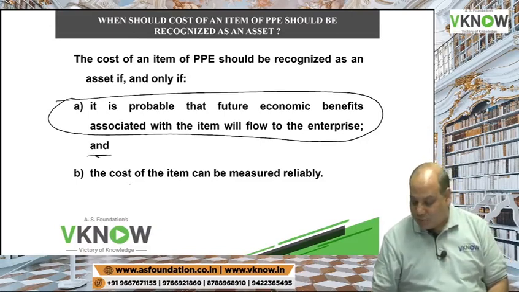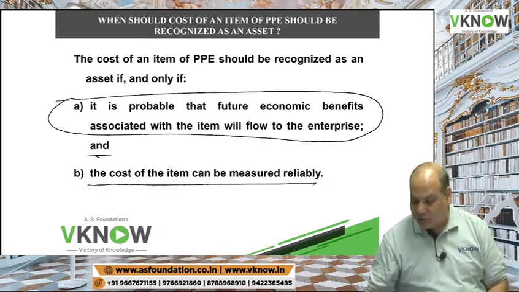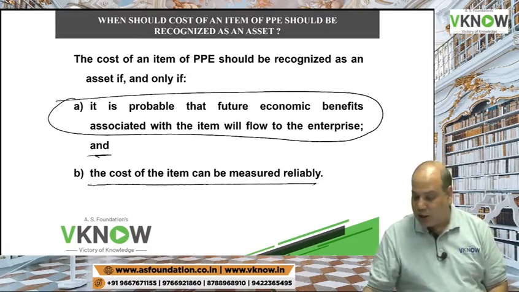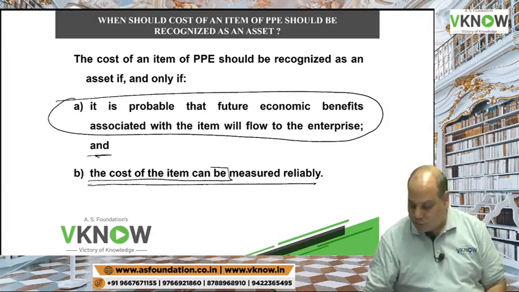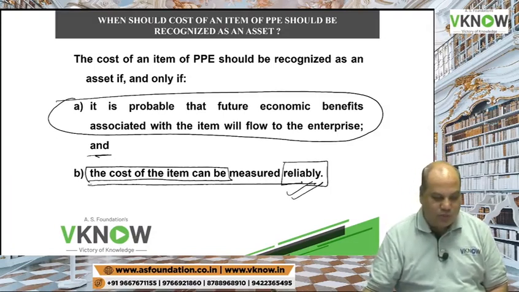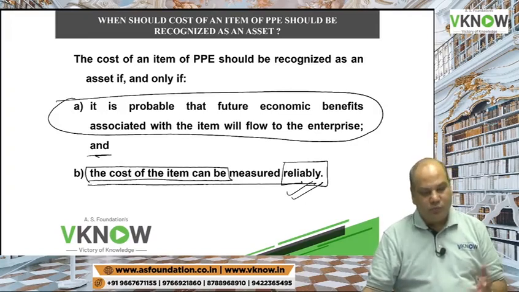And the second condition to be satisfied is that the cost of that item can be measured reliably. You should be able to measure the cost reliably. That is easy, that should not be a problem. If you can measure the cost reliably, you can capitalize.